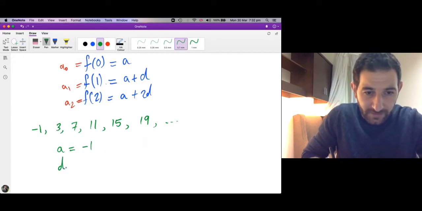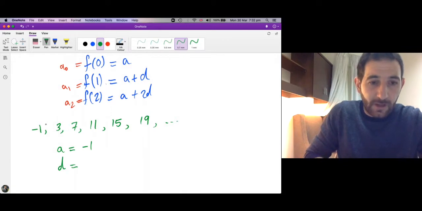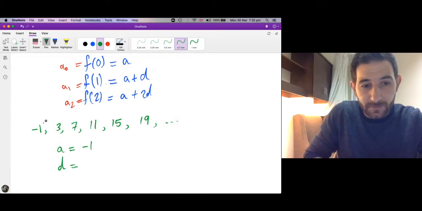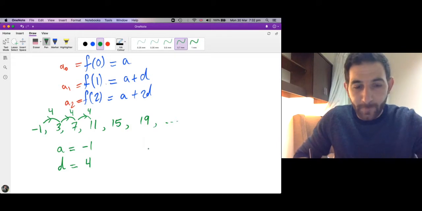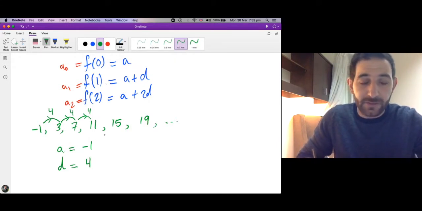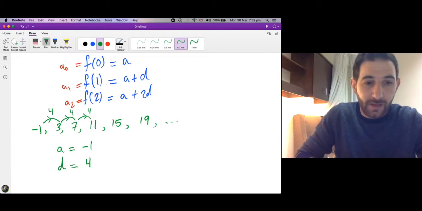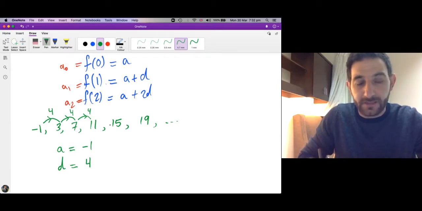What is the common difference? See, how do we obtain 3? By adding 4 to -1. So here we add 4, and then to obtain 7 we also add 4, and to get 11 we add 4 to 7, and so on. So you see that the common difference is 4, and this is an arithmetic sequence because it is of the form a, and then every step we add d.